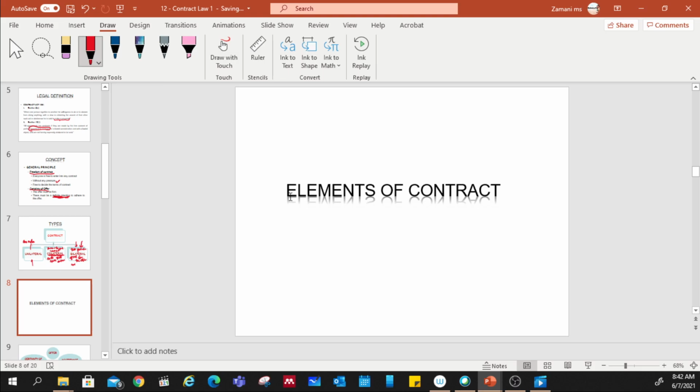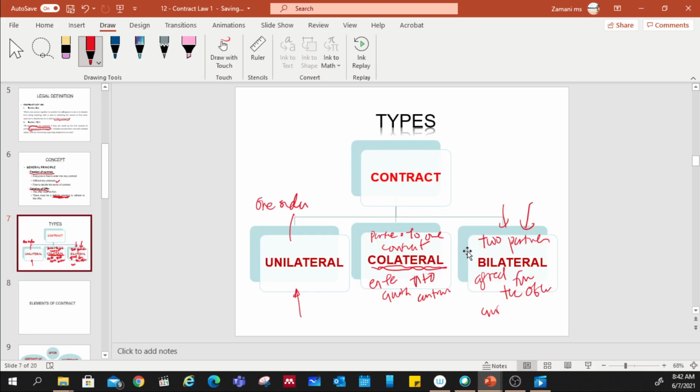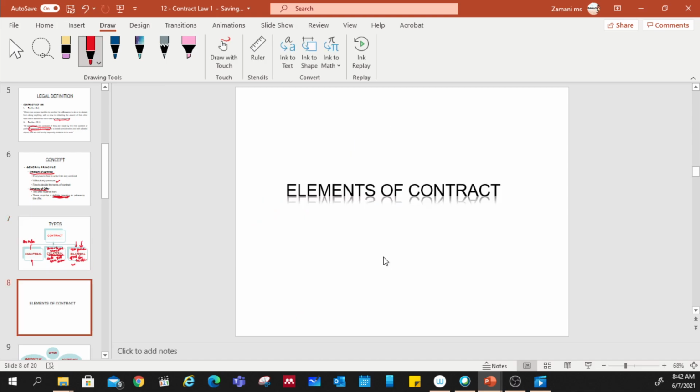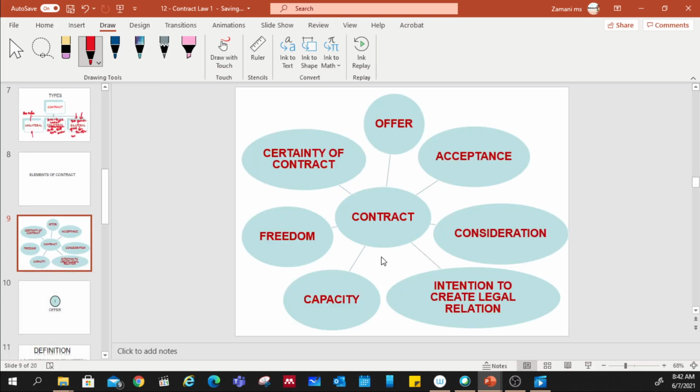Now we come to the elements of the contract, because what we just covered are the types of contracts. How many elements are there? The first one, you must have an offer. You offer somebody first, and then the second party accepts the offer.